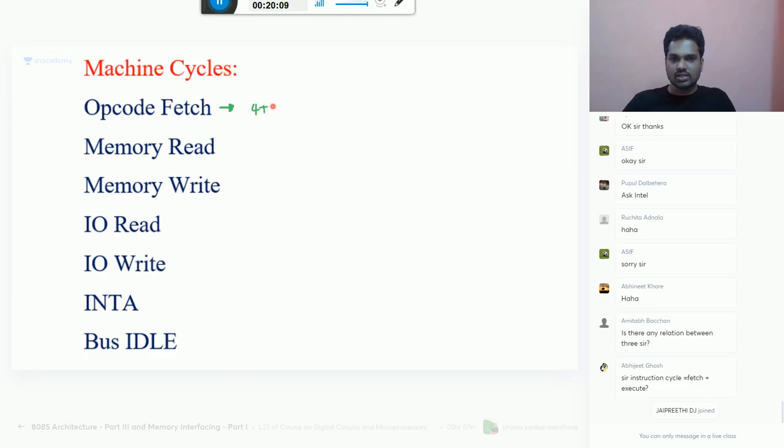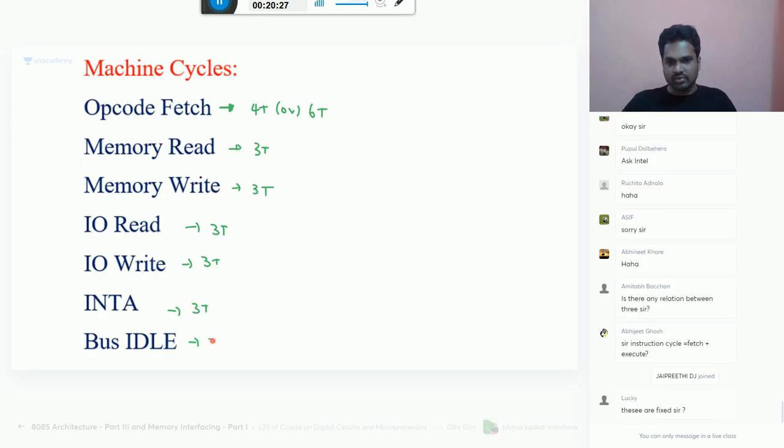Whenever I write T, you understand it is T state. Memory read in 8085 requires 3 T states. Memory write also requires 3 T states. IO read and IO write also require 3 T states. Interrupt acknowledge, everything requires 3 T states. Bus idle means do nothing. These are fixed, but for opcode fetch it is not fixed. Sometimes it is 4, sometimes it is 6. When it is 4 and when it is 6, we will clearly discuss it. Don't worry.